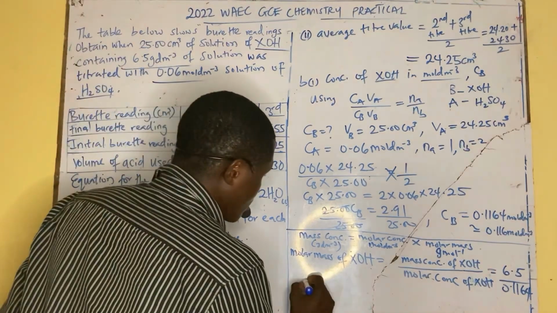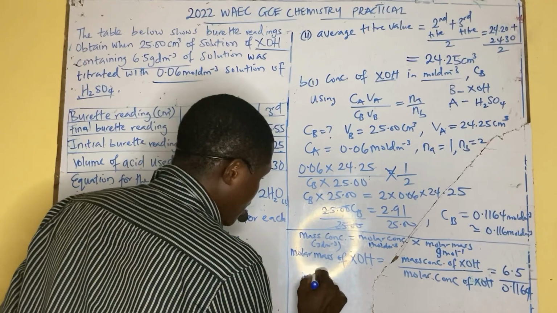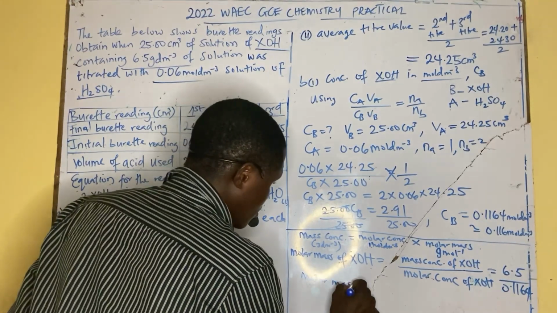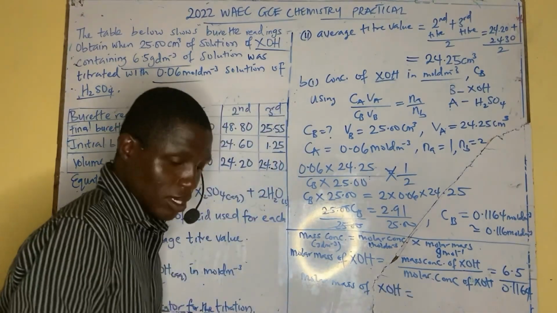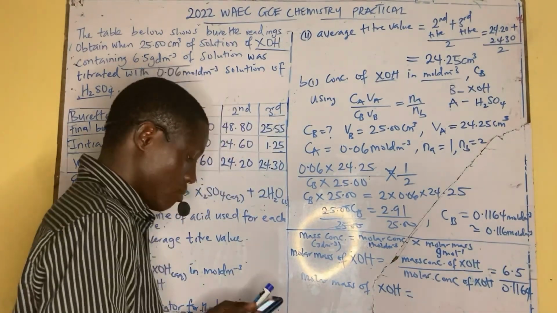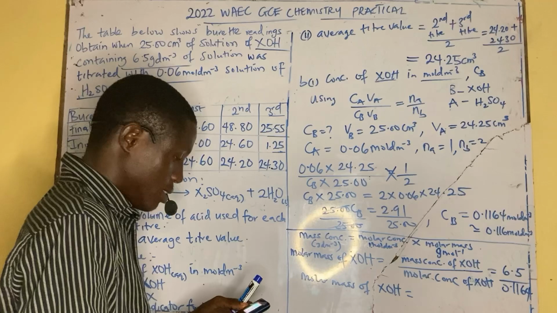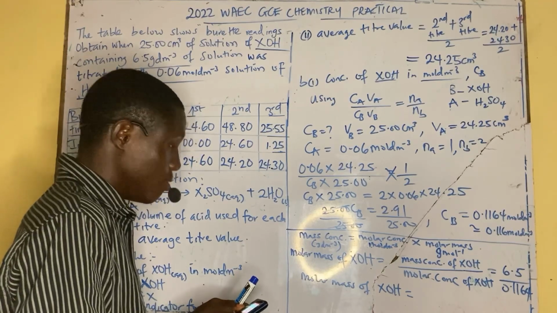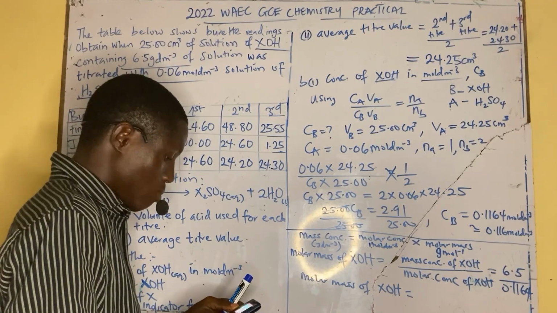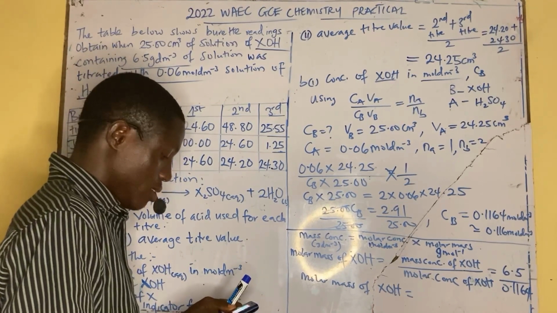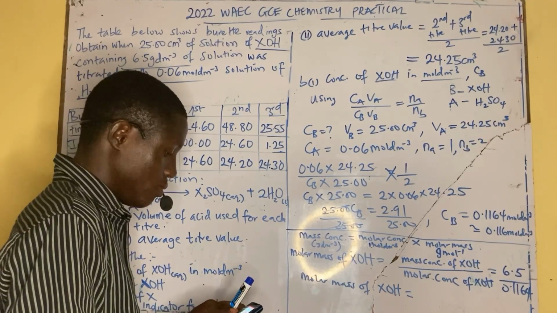So molar mass of SOH will be 6.5 divided by 0.1164.